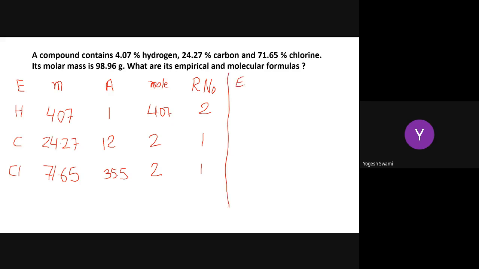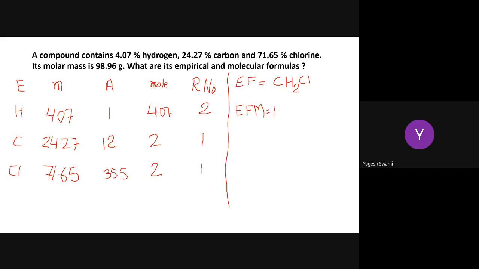So the empirical formula of this compound is 1 carbon, 2 hydrogen and 1 chlorine, CH2Cl. So we first find out the empirical formula mass.